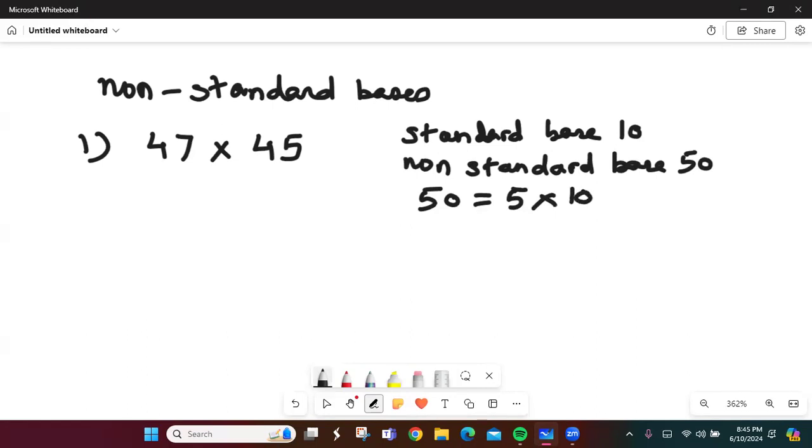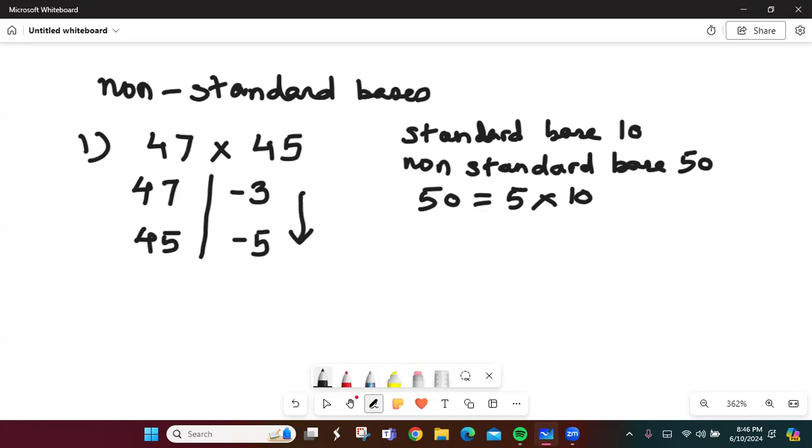Now, our remaining procedure will be almost the same. So write 47 and 45, one below the other. Now, 47 is 3 less than the non-standard base 50, and 45 is 5 less than the non-standard base 50. So I'll write -3 and -5 in the second column, multiply these two.